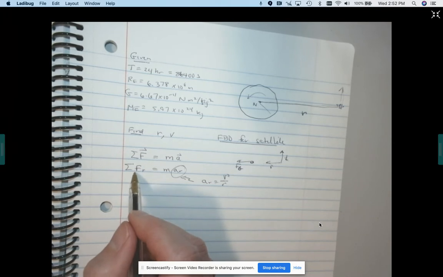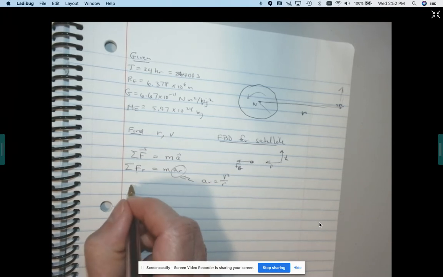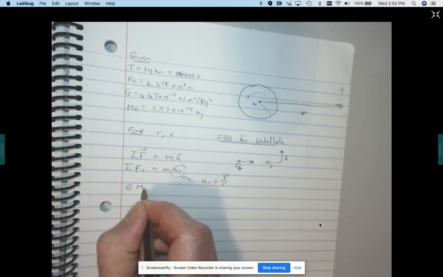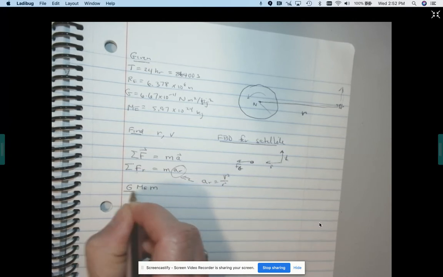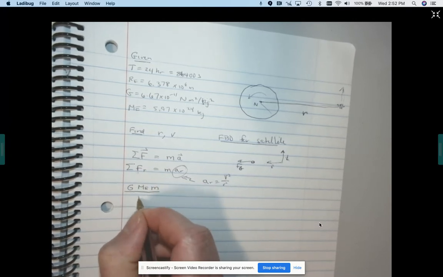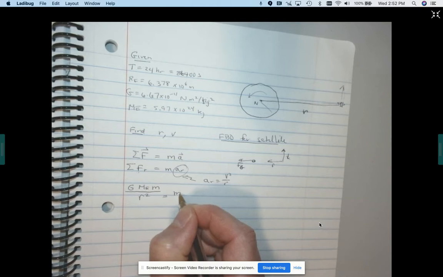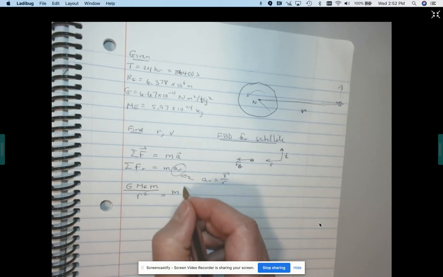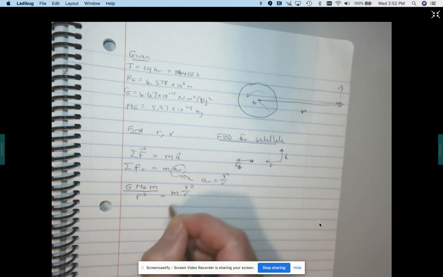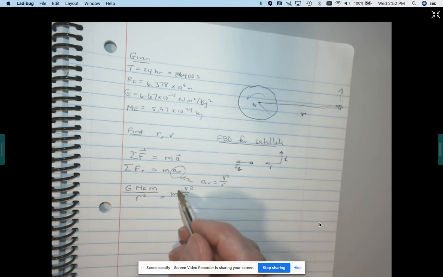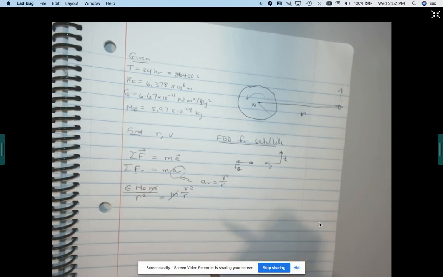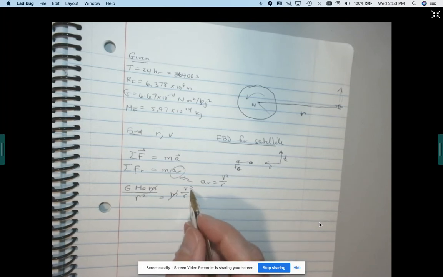And from the free body diagram, the force is provided by gravity. So it's G, mass of the Earth, times the mass of the satellite, which I'm just going to call little m, over r squared, equals the mass of the satellite, little m, times v squared over r. So my little m goes away; it doesn't depend on the mass of the satellite. The first thing we want to find is r. We don't know v either, because that's the second thing we have to find.